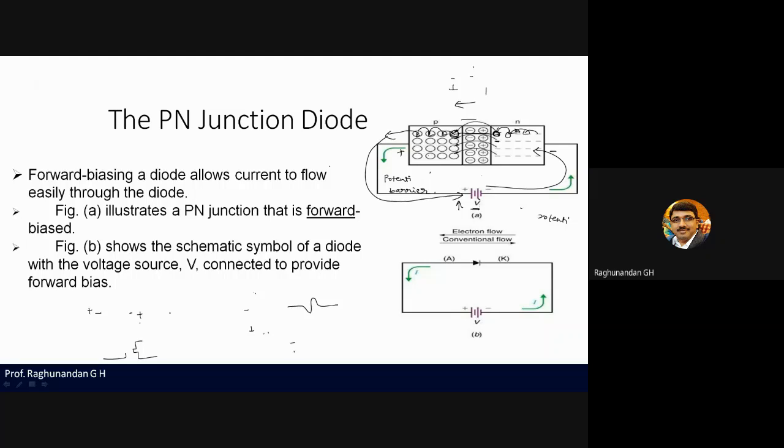I told you the goods and vehicle example. The vehicle is available. So whenever goods are available, we fill them into the vehicle, and it will keep on rotating. Here, the electrons and holes are already available, but they need energy to move.